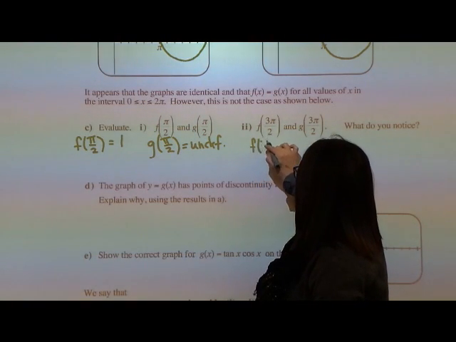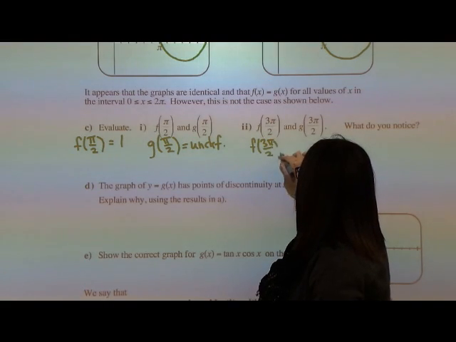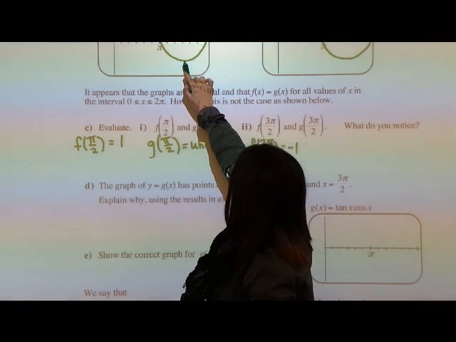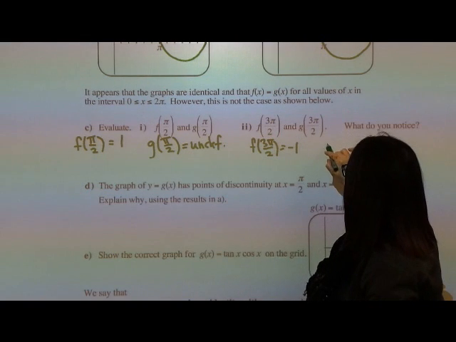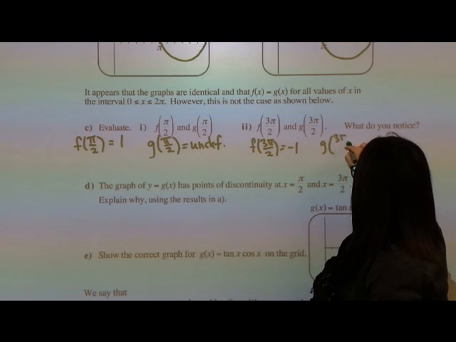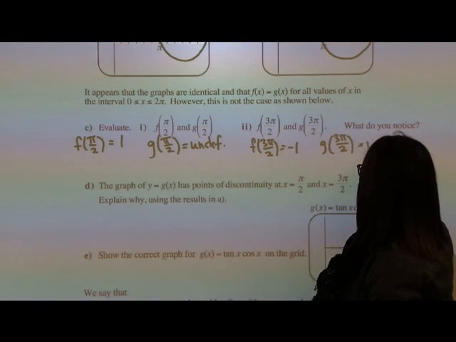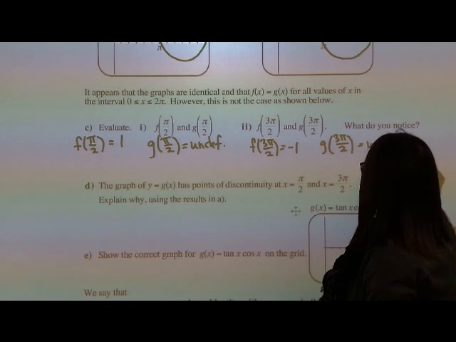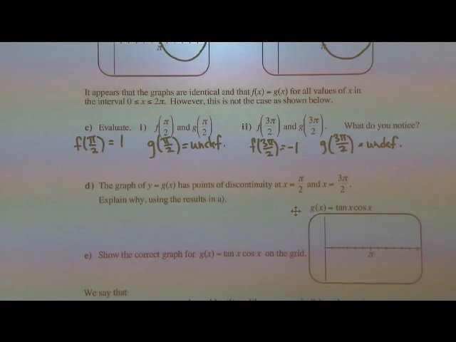So f of 3 pi over 2 is equal to -1. That's this value down here. And g of 3 pi over 2 is undefined. So what that means is that I have points of discontinuity.